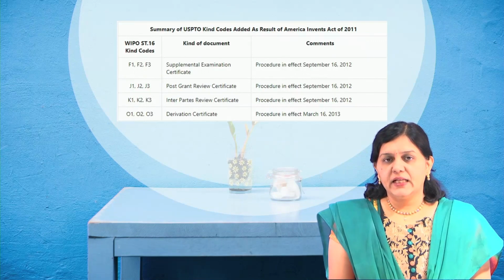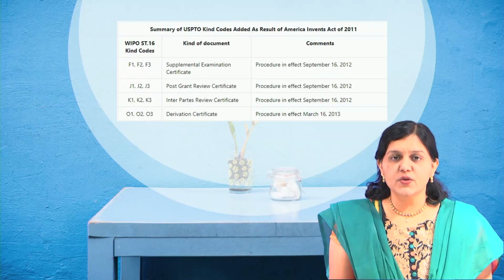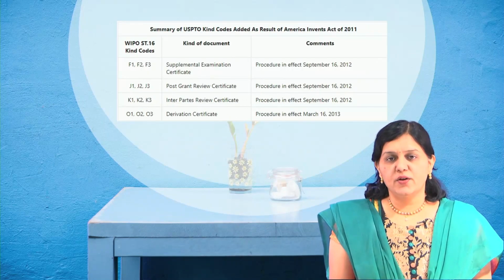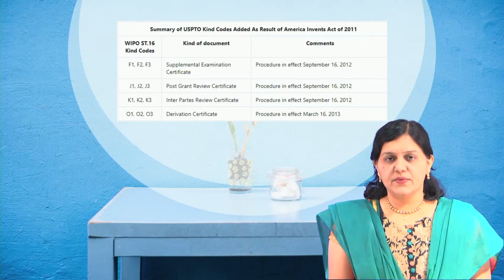So, these are all slides to give you an idea about the kind codes used by a few major patent offices, that is WIPO, the European Patent System, and the USPTO system.